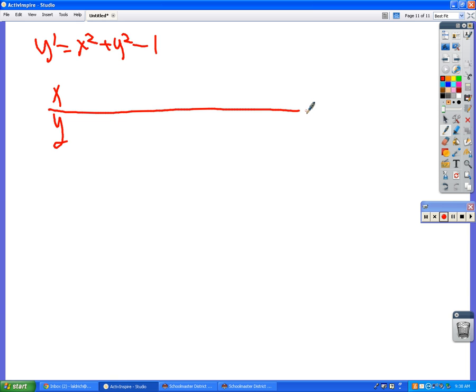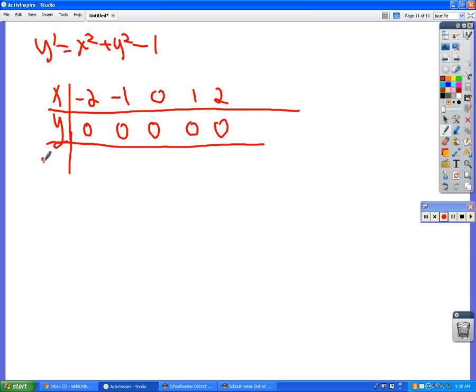But it's a bad xy table because you know from algebra that the x's you want to use are -2, -1, 0, 1, and 2, right? But you need to do those same x's for a whole bunch of different y's. So the first thing we're going to do is figure out what the slope is at all of those 5 points using this equation for our slope.